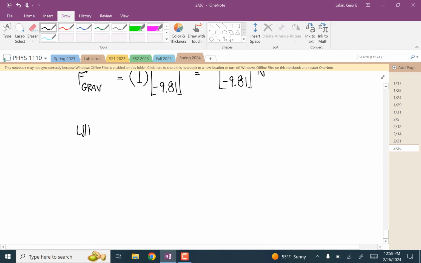Okay, so now what about a 100 kilogram object in projectile motion?